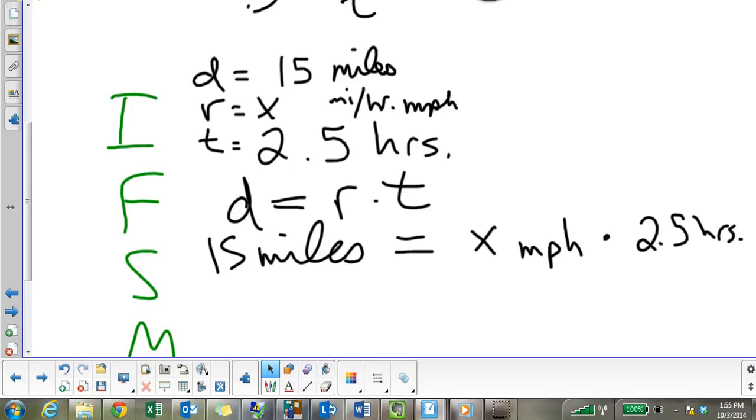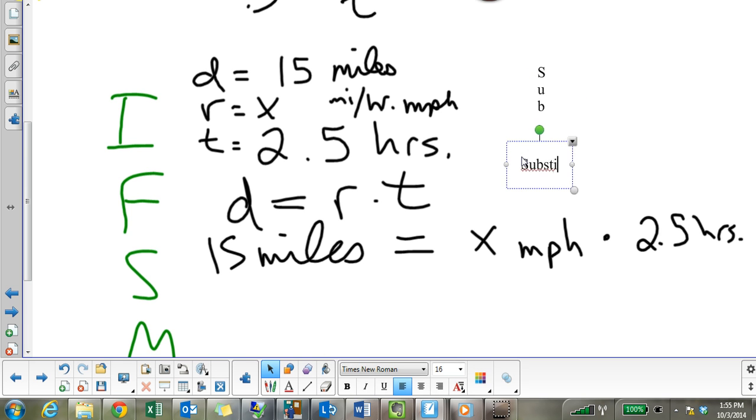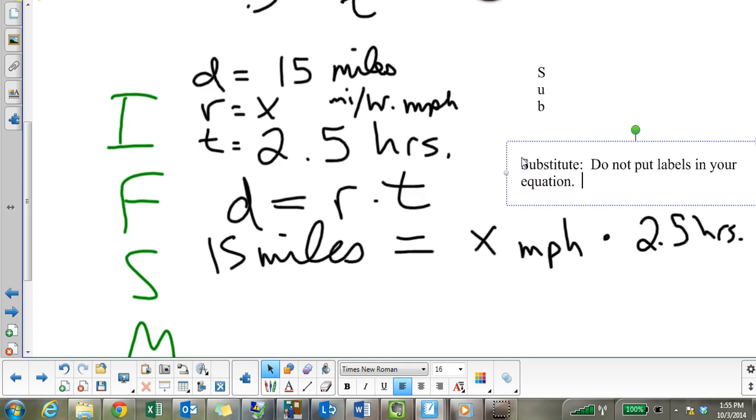So what we decided to do, and this is a very, very important piece, is that when you substitute, do not put the labels in your equation. Only list the values.